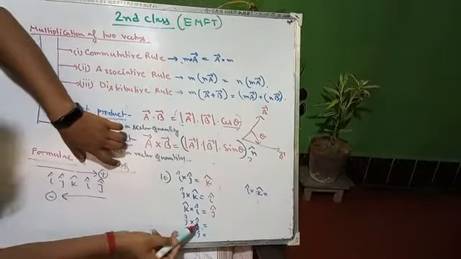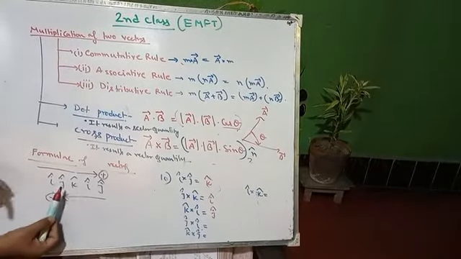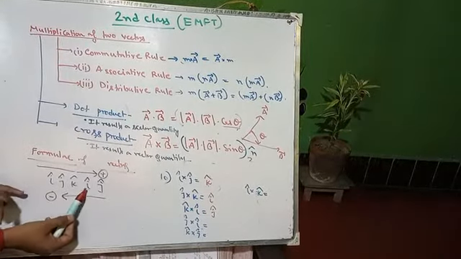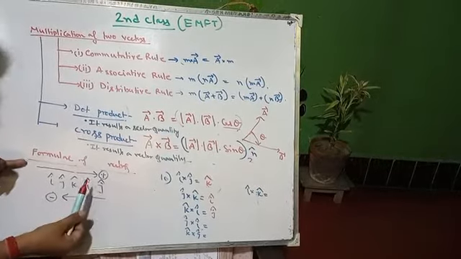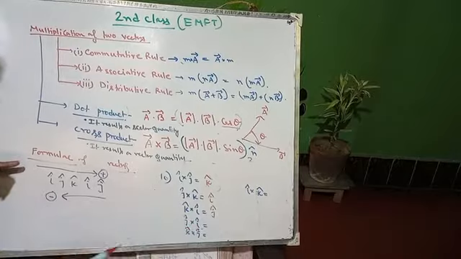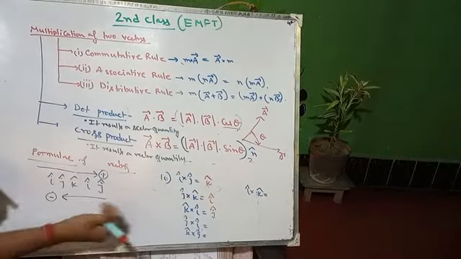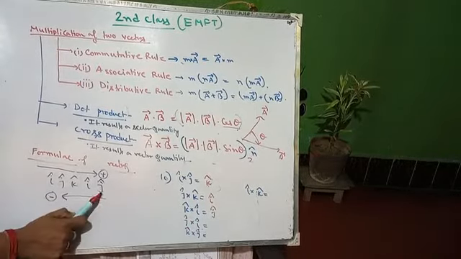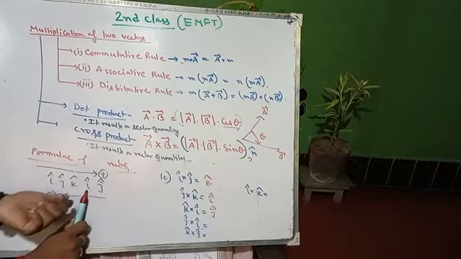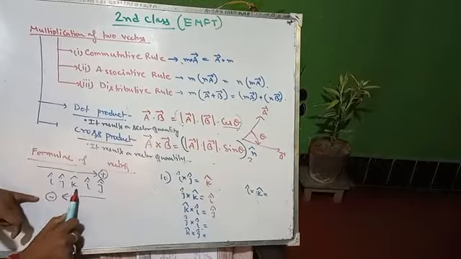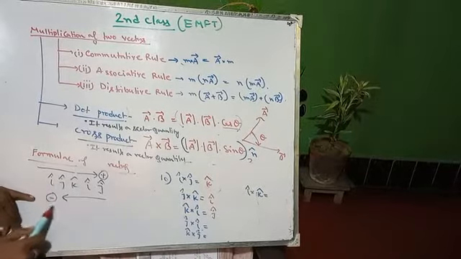Next, j cross I. You cannot find it by left to right movement; the movement of j then I is from right to left. So j cross I shows minus k, because this direction results in a minus sign.